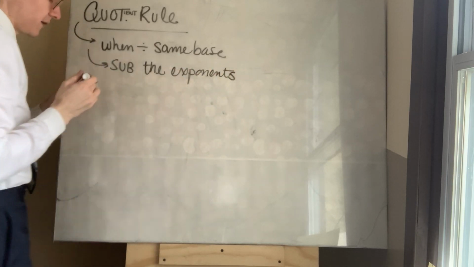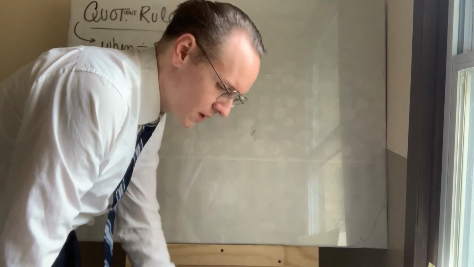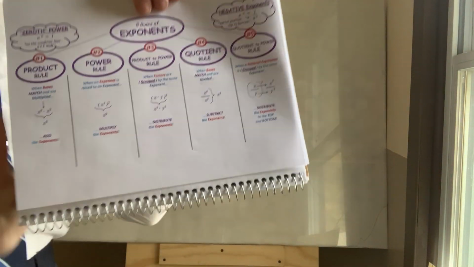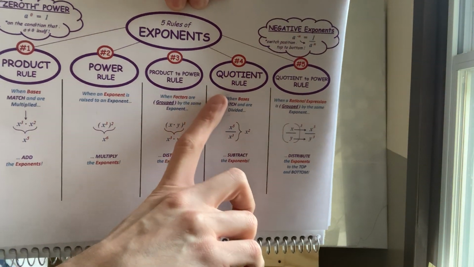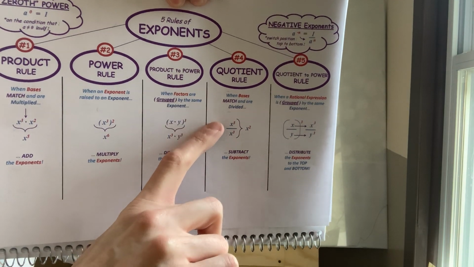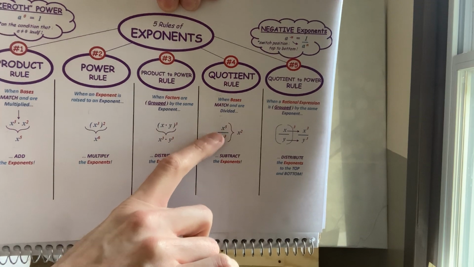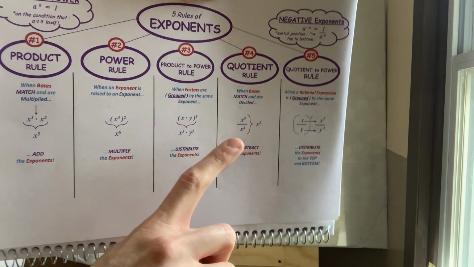This is on my diagram, the far end of the paper. I'll point to it here. When you have the quotient rule, if you have matching bases and you know that they're being divided, then you basically subtract the exponents, which I put in red.